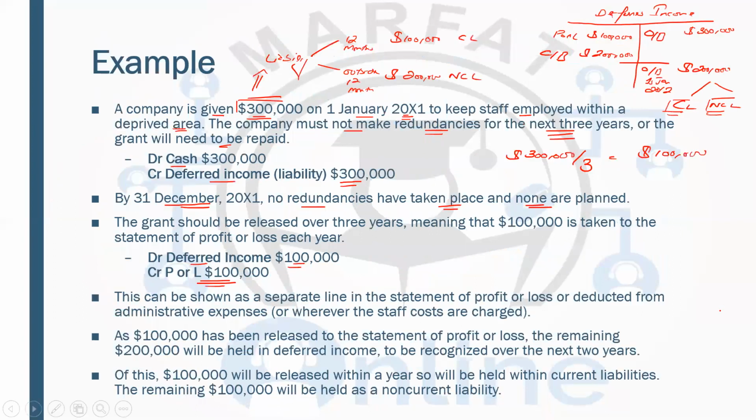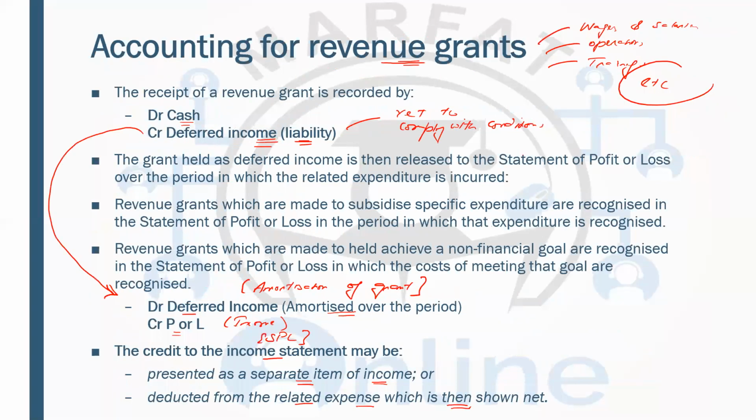I give you the example over here. The grant is 300,000, which you're getting from the government. And you have to employ those people which the government has set in their conditions. When you're employing those people, obviously you have to give them wages and salaries.